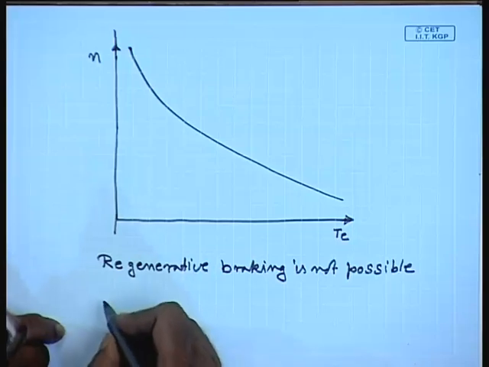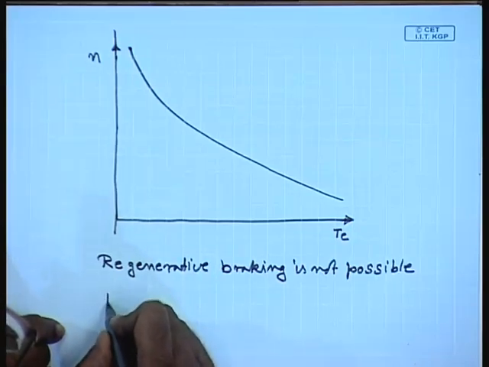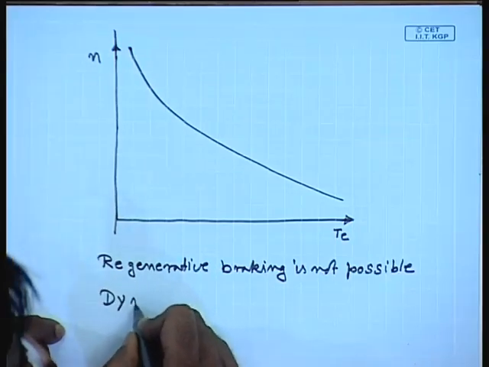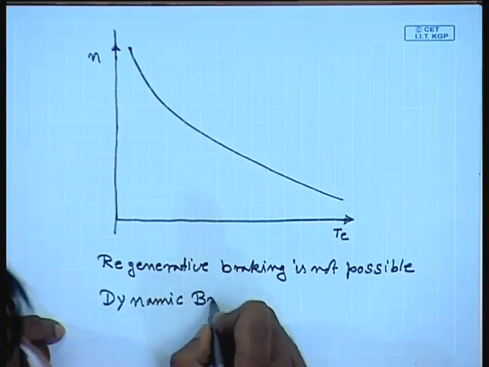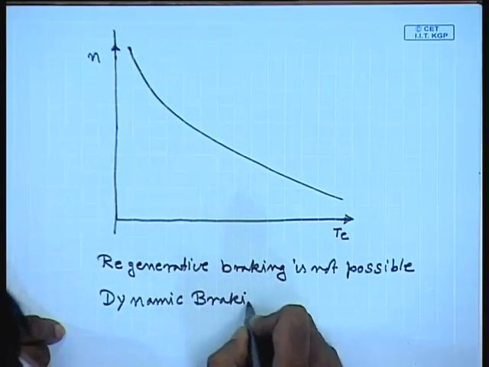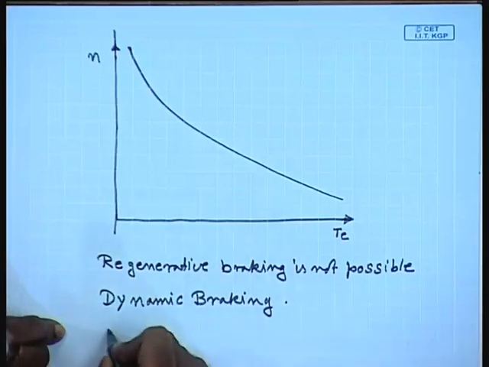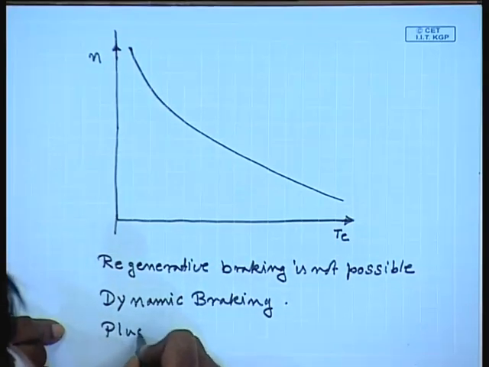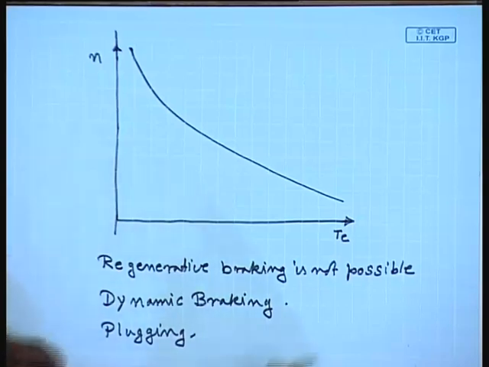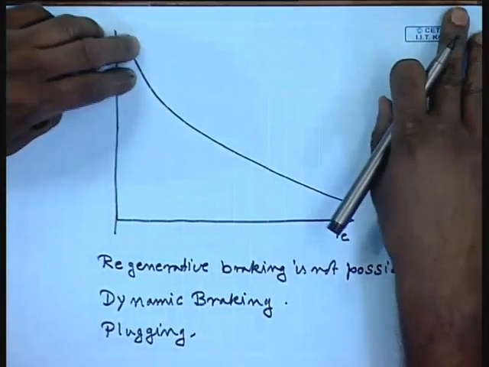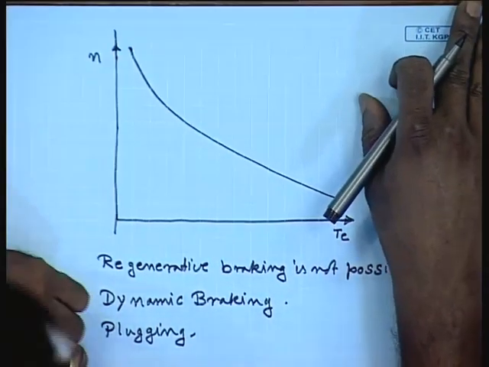However, the other two methods of braking, that is dynamic braking and plugging, are possible. Let us see how we can do dynamic braking of a DC series motor.